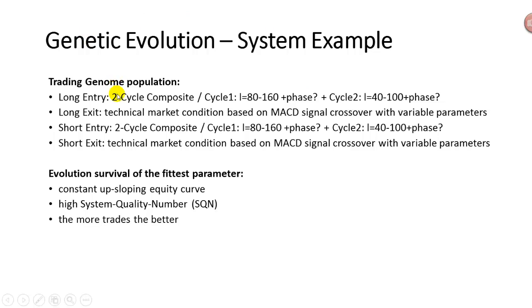So based on the 2-cycle composite, which can mutate between 80 and 160 plus a variable phase, plus a second cycle between 40 and 100 plus a variable phase, which can be combined with a MACD signal crossover with variable parameters, which can be combined with another 2-cycle composite with variable phase, which can be combined with any short exit signal with a MACD in addition on that.